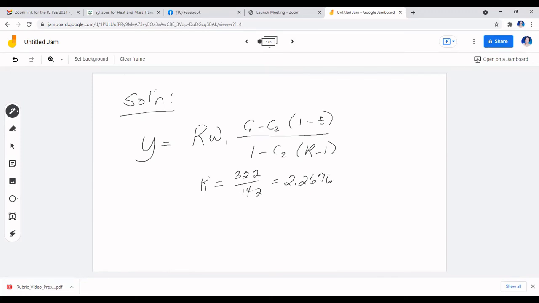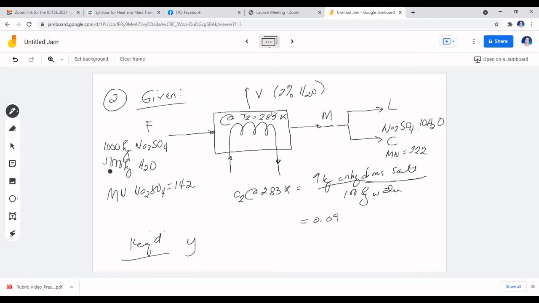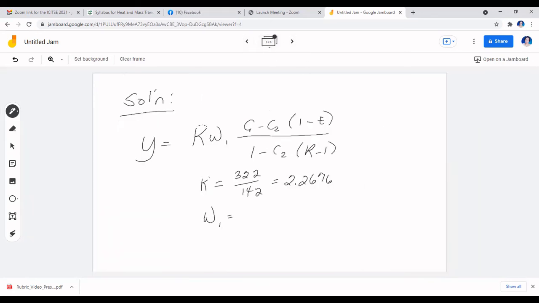For the W1 or the omega 1, when we did our solvent balances a while ago, W1 is the initial water content. So based on our given, that's 5,000 kilograms. Then we go to C sub 1, the concentration.